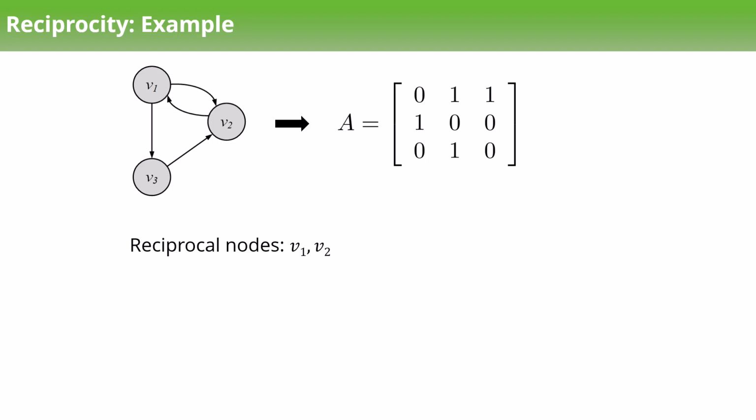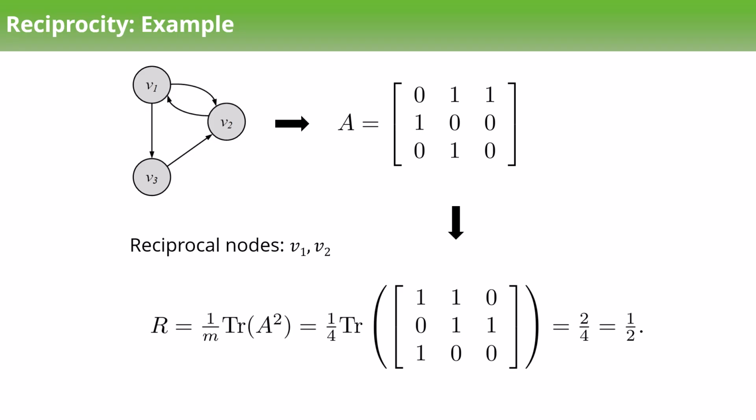So this is the example. Instead of looking at a chain involving three nodes, reciprocity looks at a closed loop of length 2. A tends to B, B tends to A. We started from A, reached B, and then returned to A. So we have a closed loop of length 2.